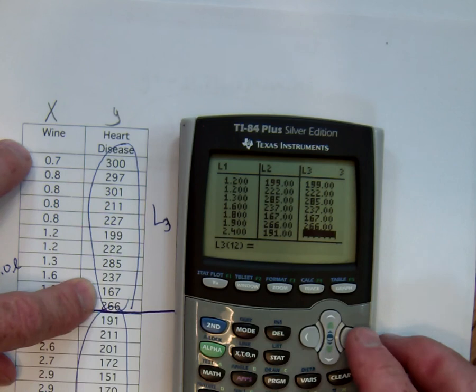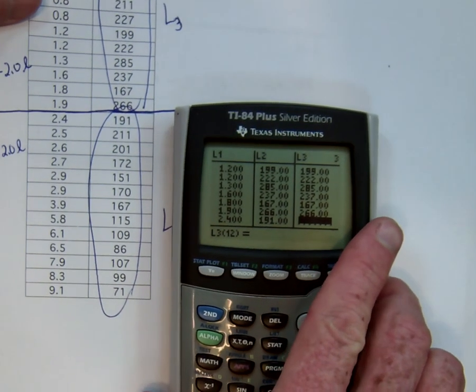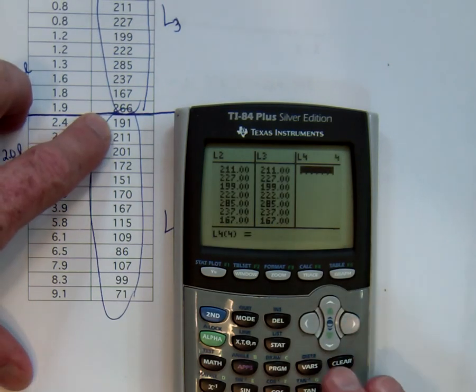All right, so that's the first group. So those are the countries that do not drink a lot of wine. Those countries that drink more wine, here's their heart disease.